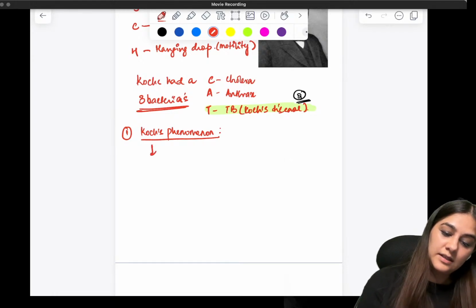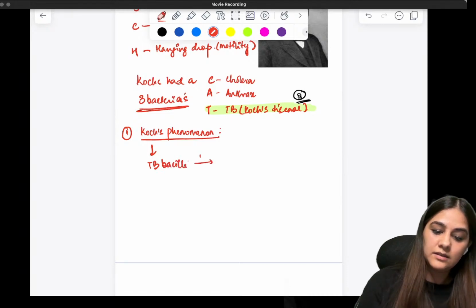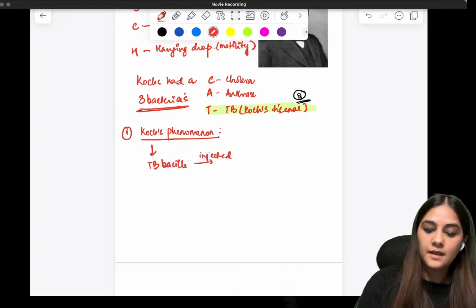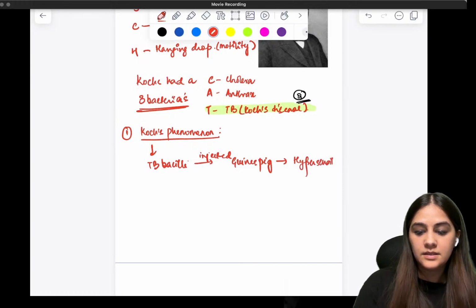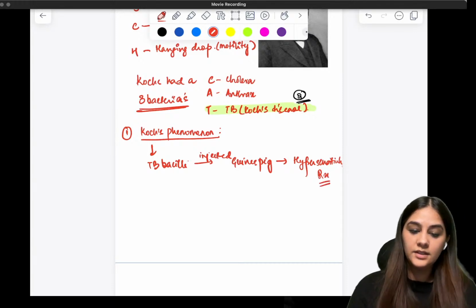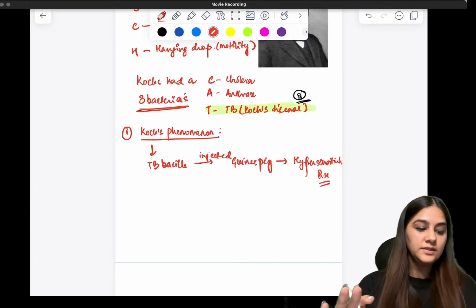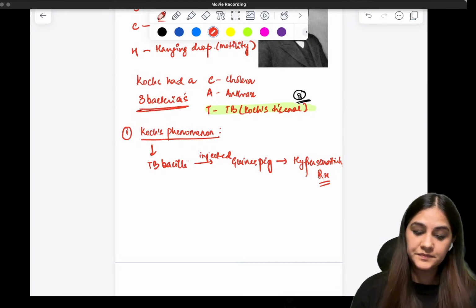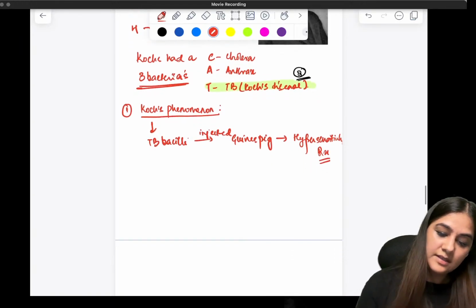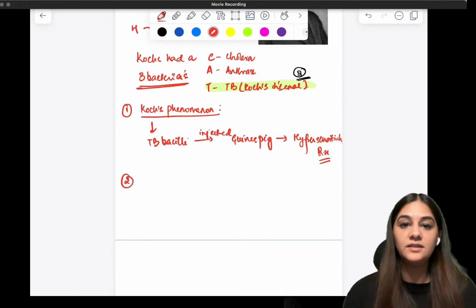So that means TB bacilli, if injected in a guinea pig, it will have a hypersensitivity reaction. Got it? So this is the Koch phenomenon. Understood?